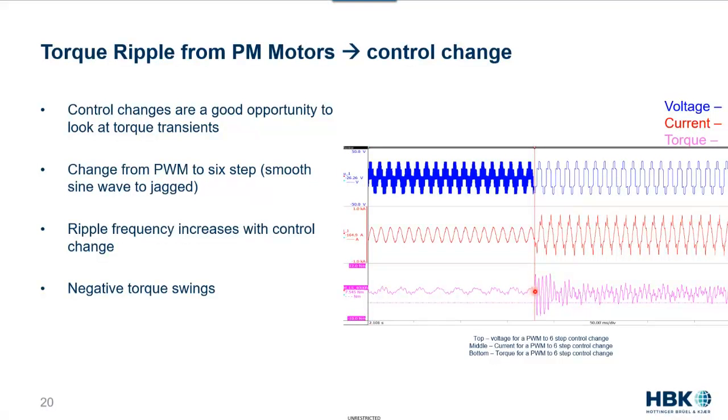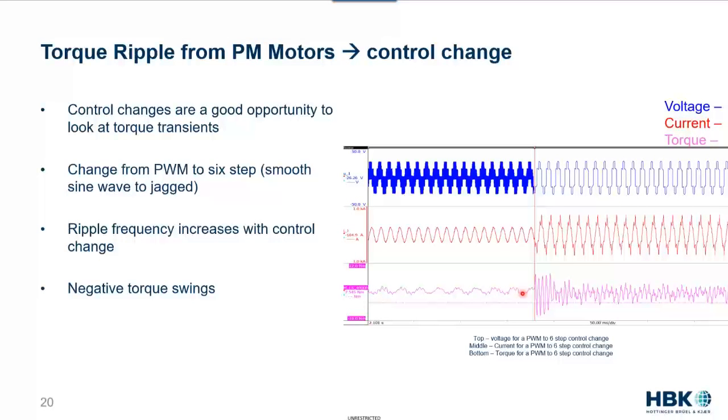At the point the step occurs, we see huge 20 Newton meter swings in the torque, including going into negative. And even when the system settles out to a steady state with that 6-step excitation, we've still got really big torque swings, and it looks much less sinusoidal and clean.